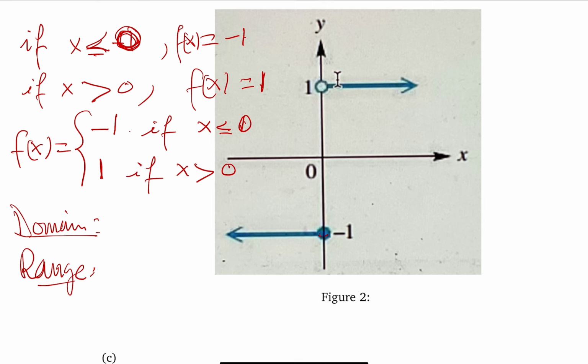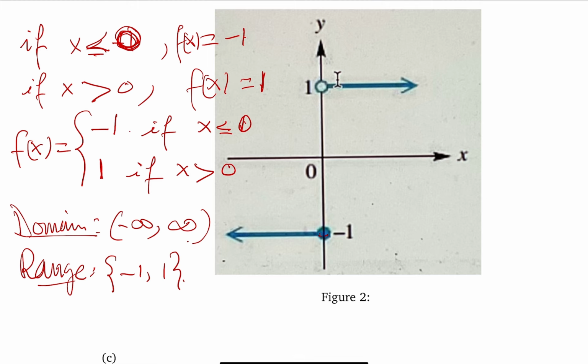Then you have all real numbers for the domain, negative infinity to infinity. But the range, be careful. Take the y-axis and you have only 2 points, which are 1 and -1. The range is the set of -1 and 1. Again, the range is the set of -1 and 1.